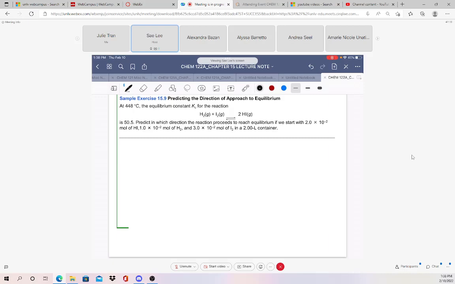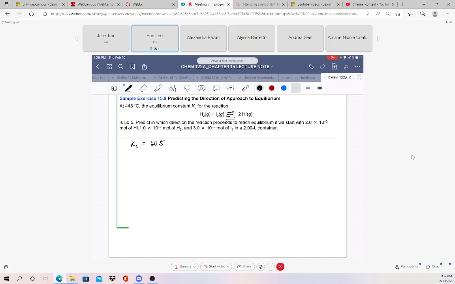All right. Let's try a sample exercise. At 448 degrees Celsius, the equilibrium constant for the reaction, I don't know why this arrow is at the bottom, is 50.5. So Kc is given as 50.5.